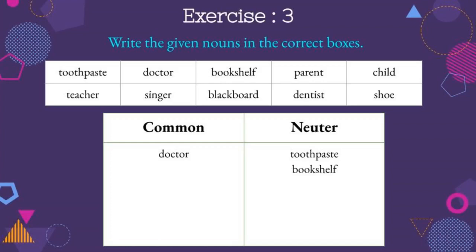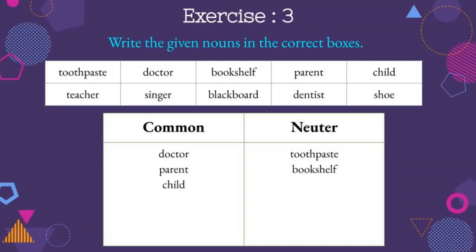Okay, and the next word is bookshelf. Yes, bookshelf is not a human being, so it's a neuter gender. Write the noun bookshelf in the neuter gender box. Next word is parent. Parent may be both male and female, so it's a common gender. So students, write the noun parent in the common gender box.